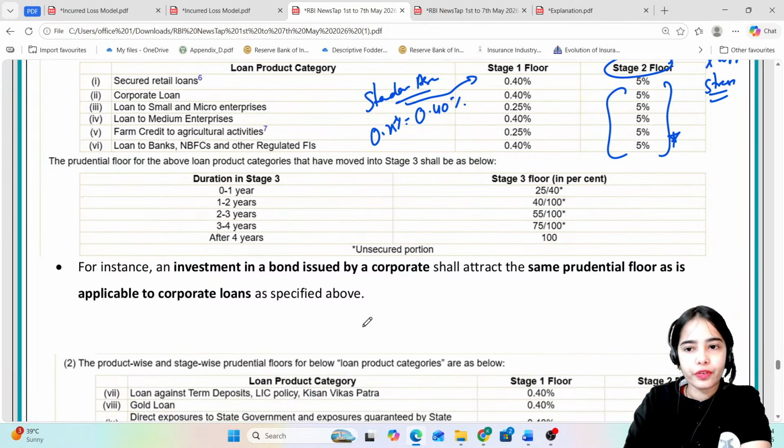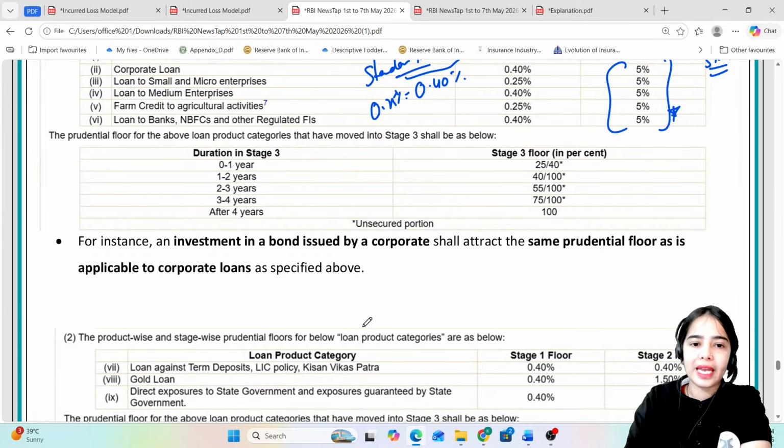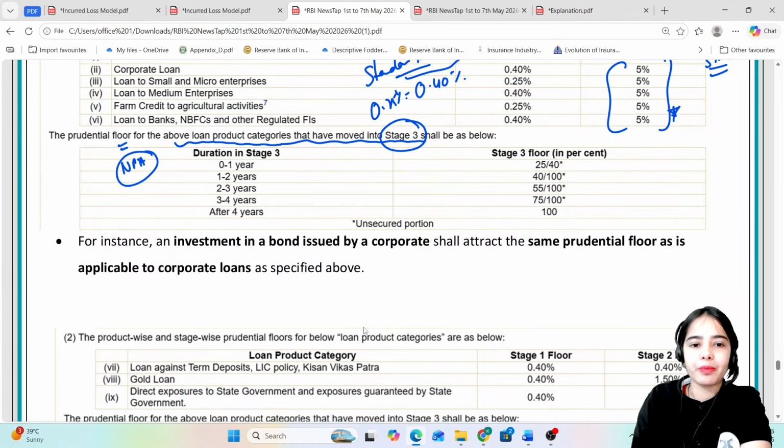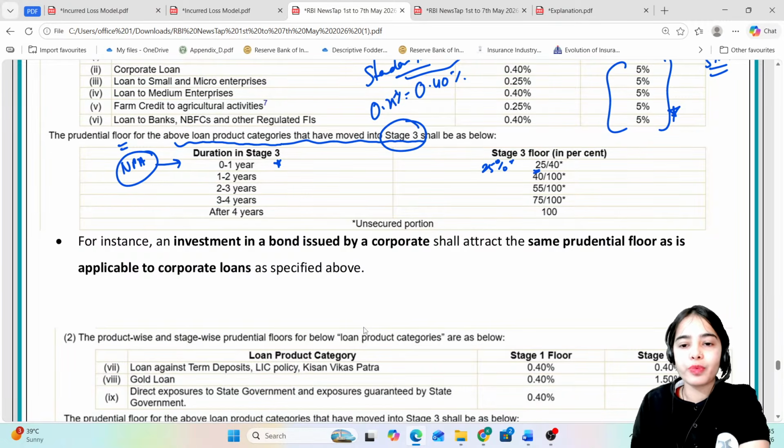Now, if the loan is NPA, there is the prudential floor for the above loan product categories that have moved into stage 3. Stage 3 basically means that the NPA has been recognized. As soon as the NPA has been recognized, in the first year, 25% of provisions for the secured portion and 40% of provisions for the unsecured portion.